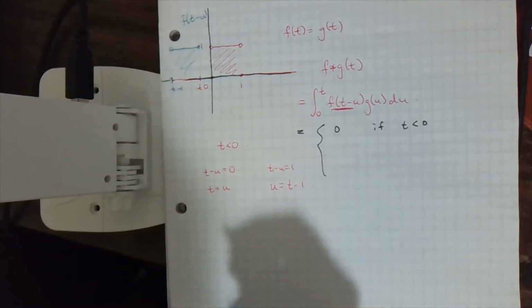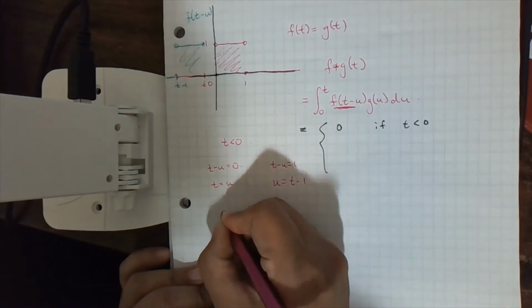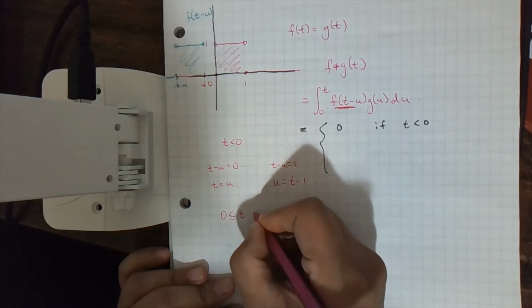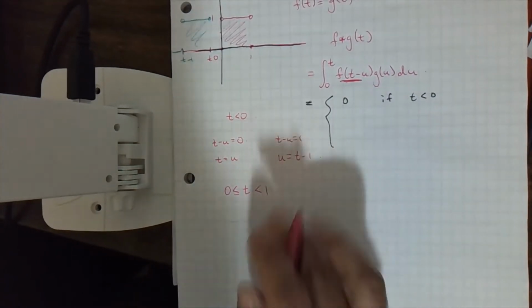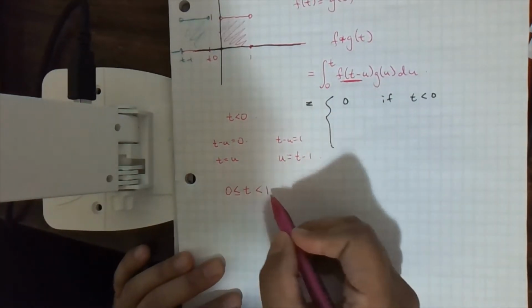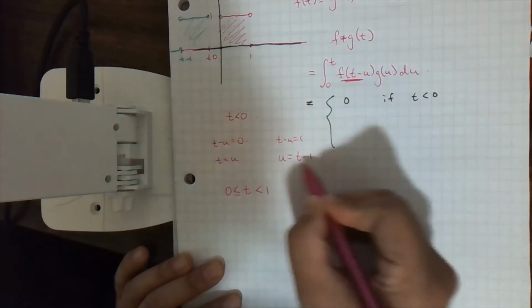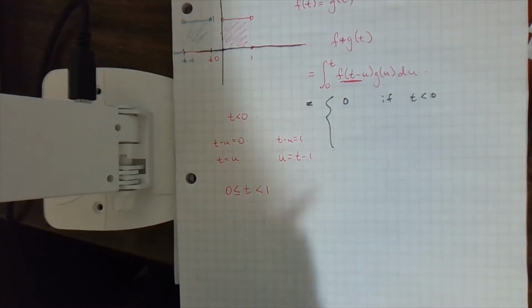Okay. Great. What about t between 0 and 1? It doesn't really matter if we include 1, but we won't because we'll include it in the next case. If t is between 0 and 1, then we still have jumps at t equals u and u equals t minus 1.